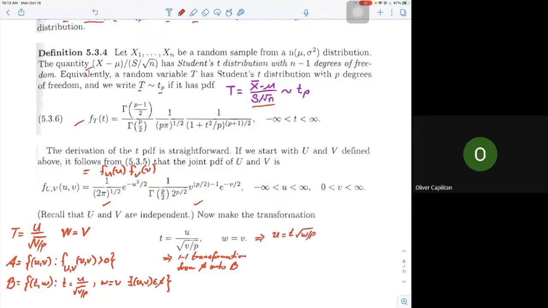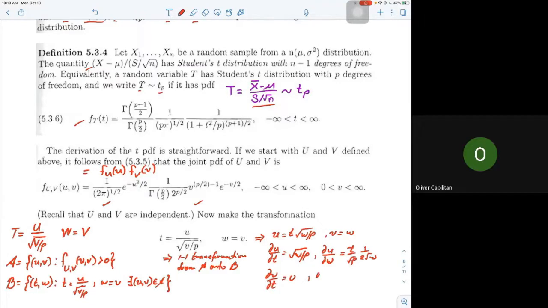And then our V would be equal to W. Then if we're going to take the partial derivative of U with respect to T, we have the square root of W over P. The partial derivative of U with respect to W, we have the square root of P, and then we have here 1/2 square root of W. Then the partial derivative of V with respect to T would be 0.